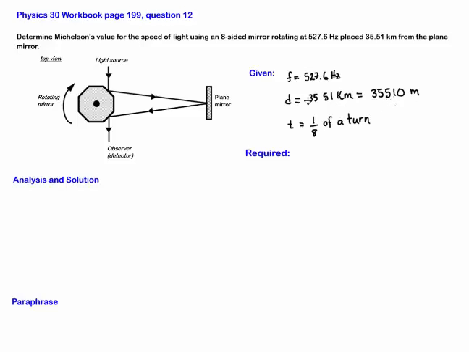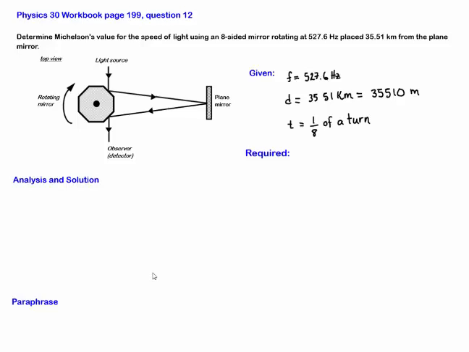Notice that I've converted from kilometers to the base unit meters. And I also know that the time it takes for the light to go from this mirror over to this mirror is going to be 1/8 of a turn.